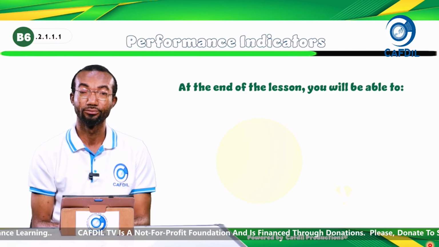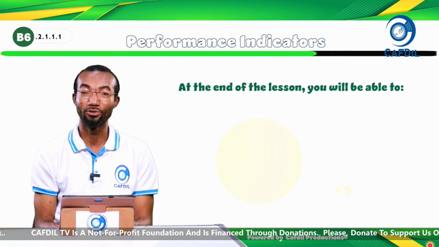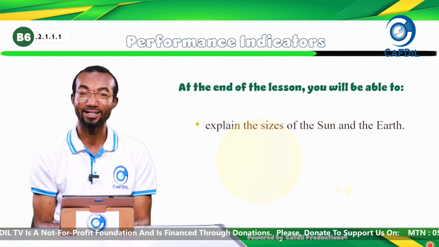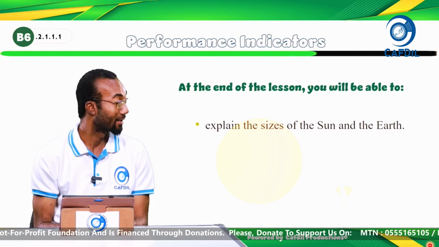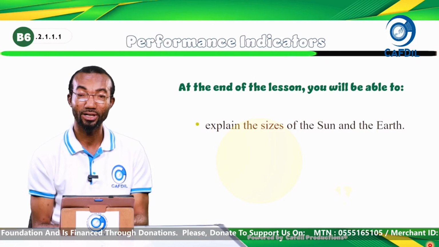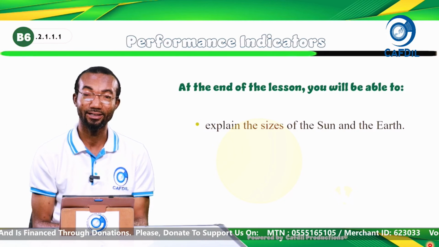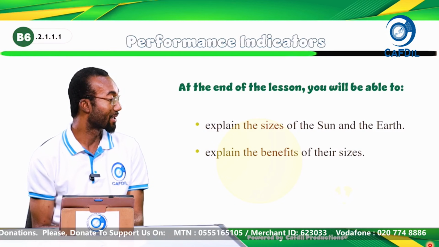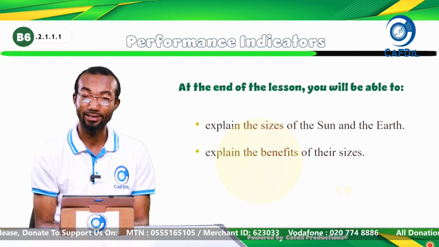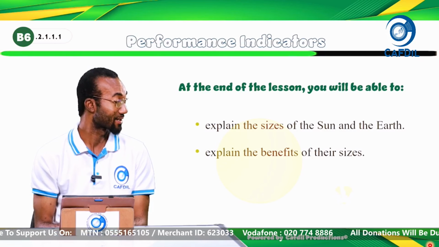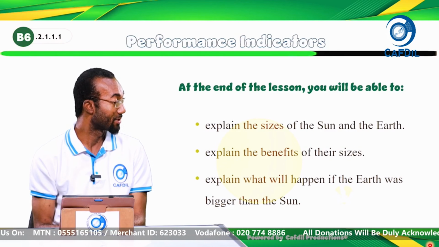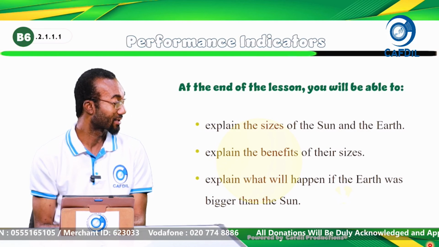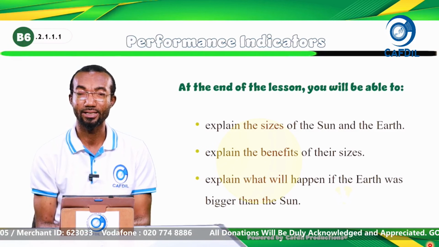At the end of the lesson, you will be able to: one, explain the sizes of the sun and the earth, so you will know whether the sun is bigger than the earth or the earth is bigger than the sun. Two, explain the benefits of their sizes. Three, explain what will happen if the earth was bigger than the sun.